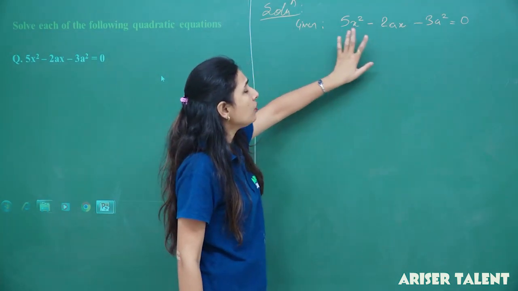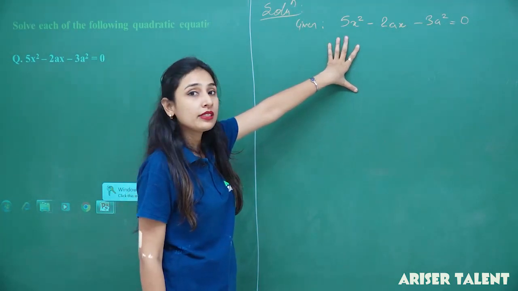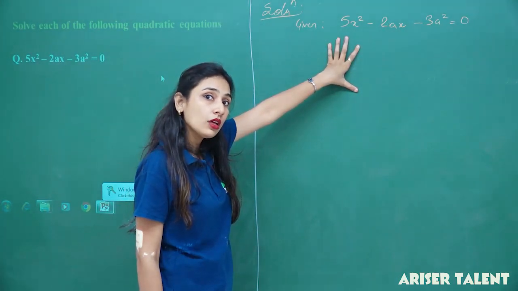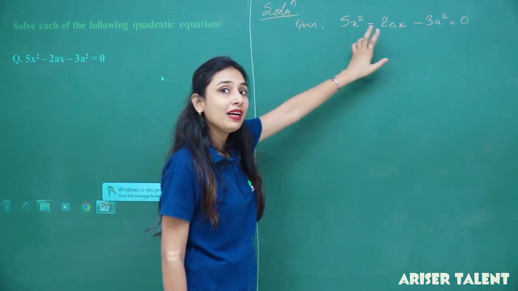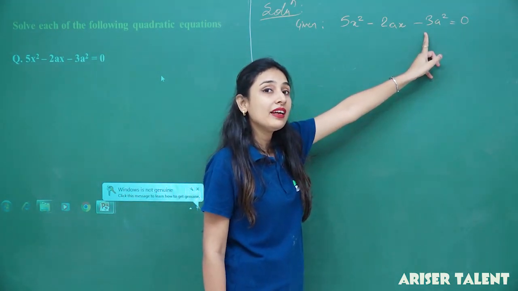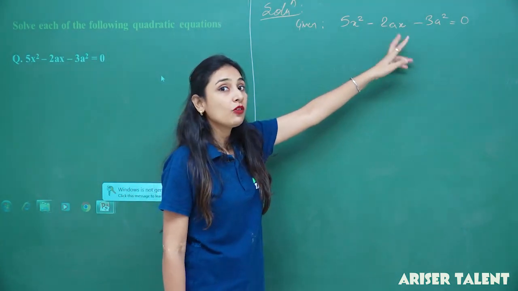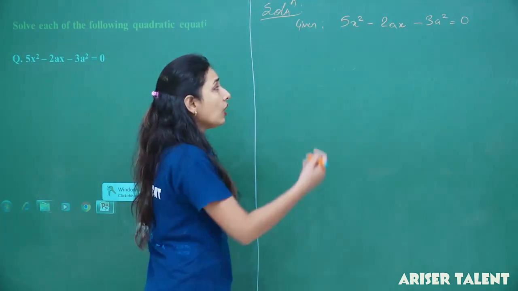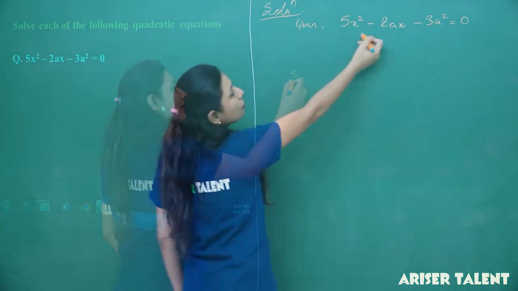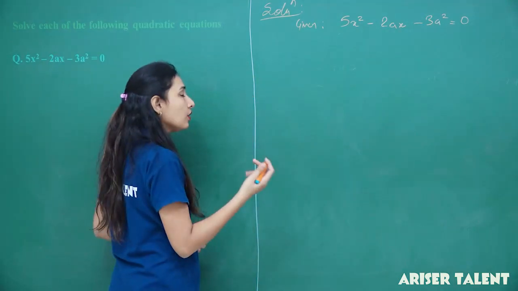No, you don't need to take tension. What you have already done in your previous classes, you have to do that only. You multiply a by c, factorize them, and arrange them in such a manner that b will be the sum of these factors. Now 5x square minus 2ax minus 3a square equals 0.